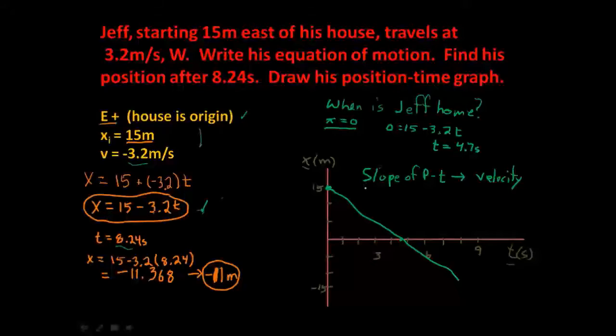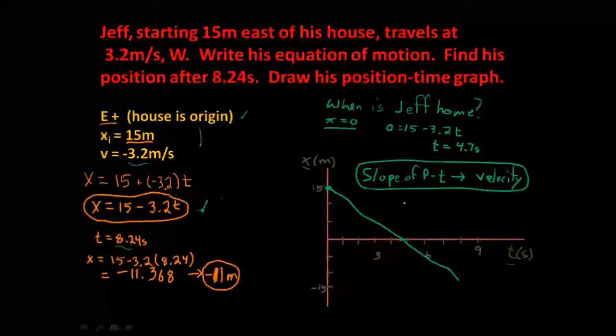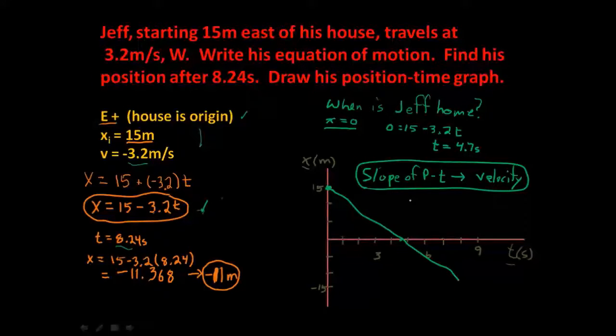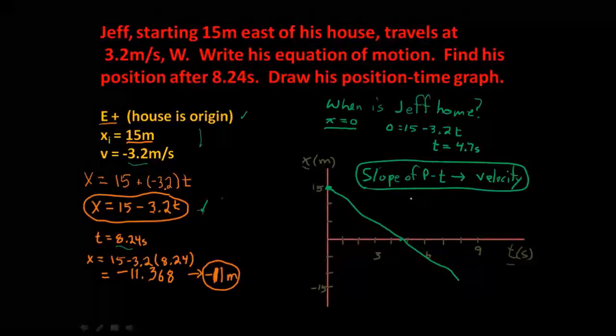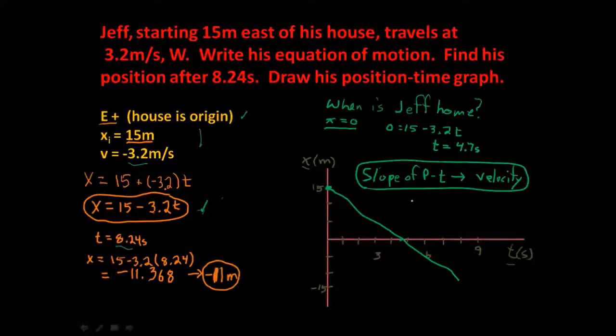And that is a really important concept. Anytime you see a position time graph, if you take its slope, you'll know the velocity. If the slope is negative, it has a negative velocity. If the slope is 0, that means it's not moving, which is pretty good common sense. The position's not changing. Got it?